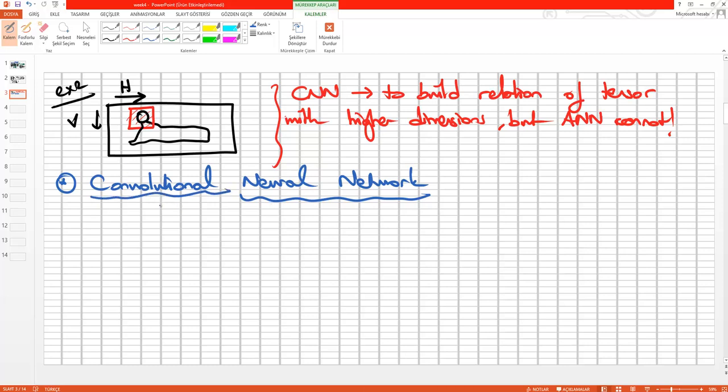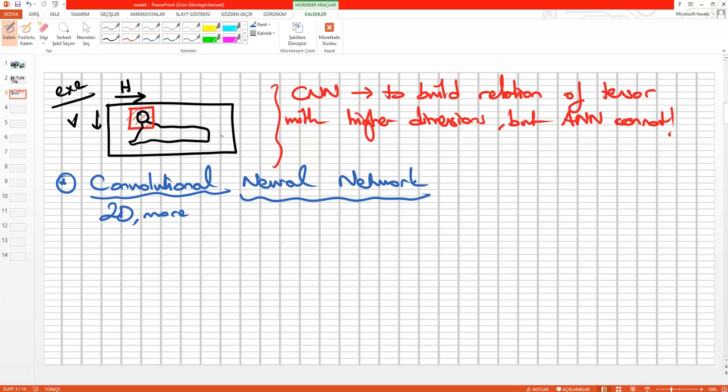And so what is convolution? The convolutional neural network creates 2D or more dimensional relations with your data, just like this image, okay?